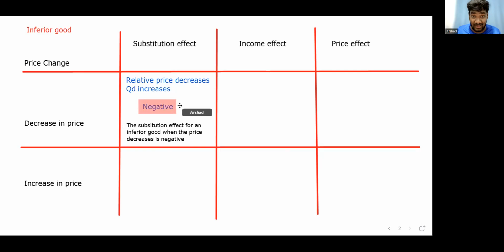Is that okay, guys? Fine. The same thing, guys. Shall we look at income effect now?